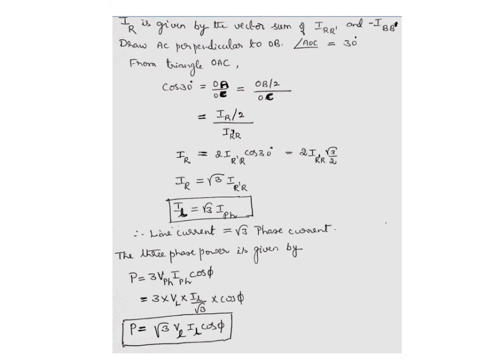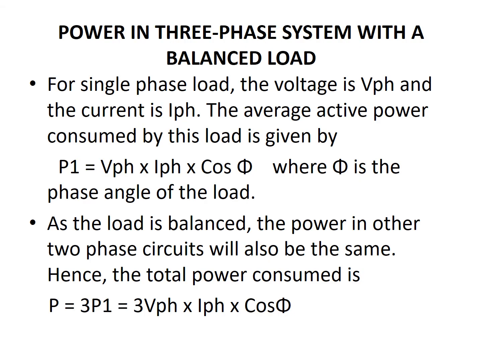So in star connection, line voltage is equal to root 3 times the phase voltage, but line current and phase current are both the same. But in the case of a delta connected load, voltages are the same, line voltage is equal to phase voltage, but line current is equal to root 3 times the phase current.